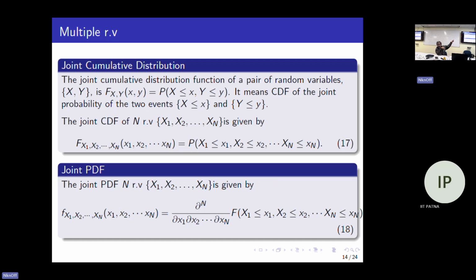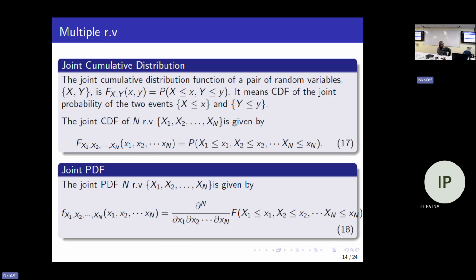We will write it like this: F of X, Y in bracket small x comma small y, at the point small x, small y, will be equal to probability when X is less than or equal to small x and capital Y is less than or equal to small y. That is the probability, the CDF of joint probability of two events, that jointly X will be less than x and Y will be less than y.